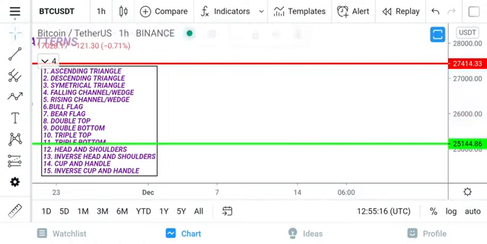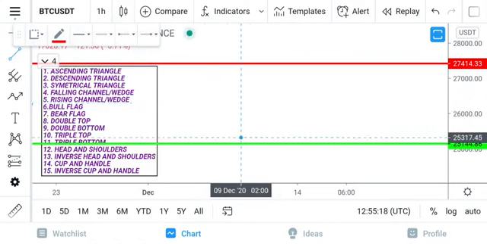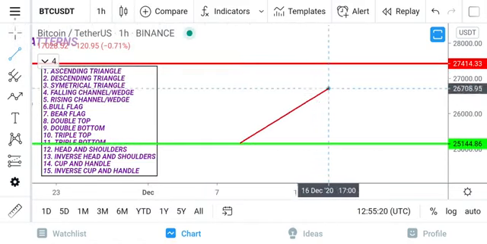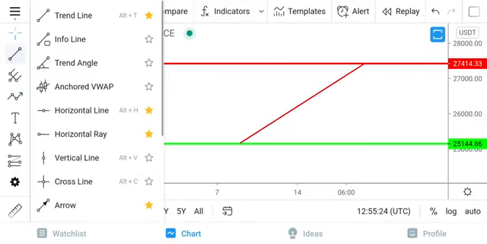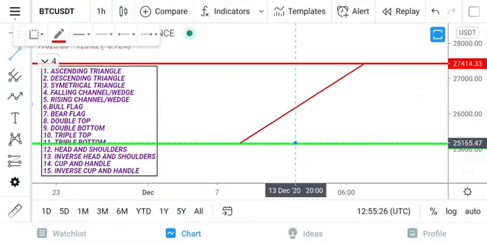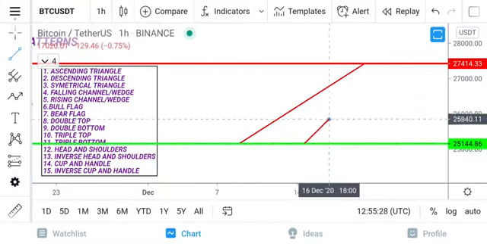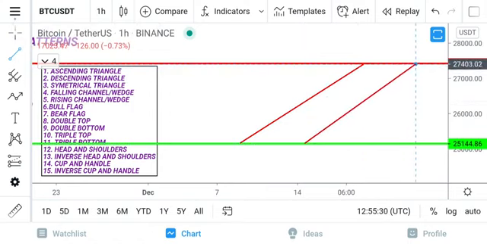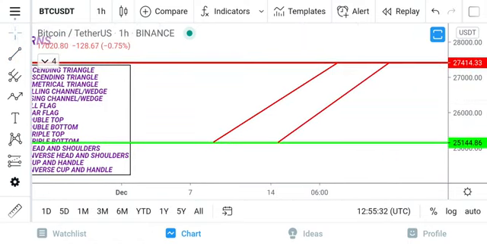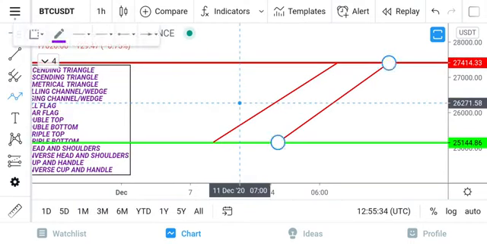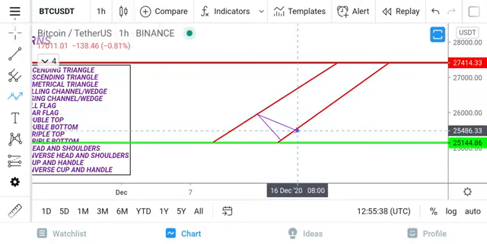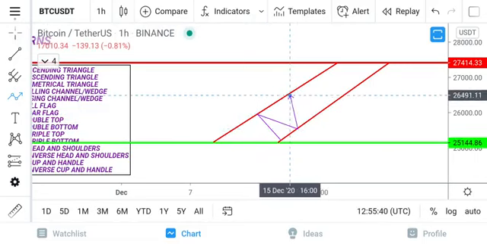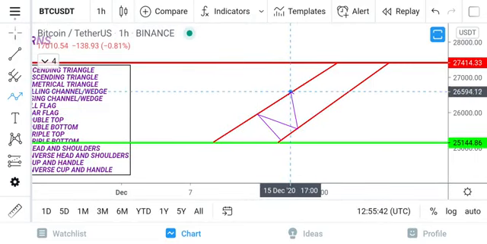So what about the rising channel? The rising channel is like this. The price is going to be moving, and a rising channel is bearish.